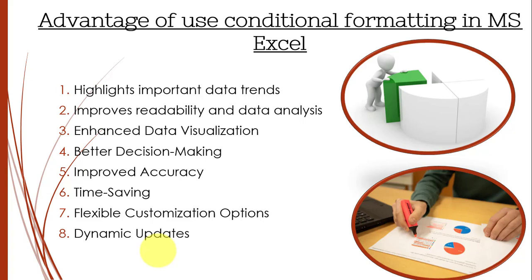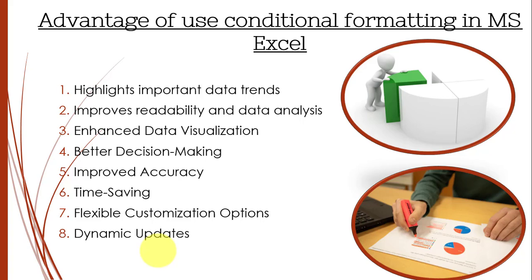The seventh one is flexible customization options. It means that if you enter the specific criteria and you want to edit the formulas or functions or custom formulas, you are able to do it, right? And also you can create your own unique or customized formulas and functions by using conditional formatting in Microsoft Excel.